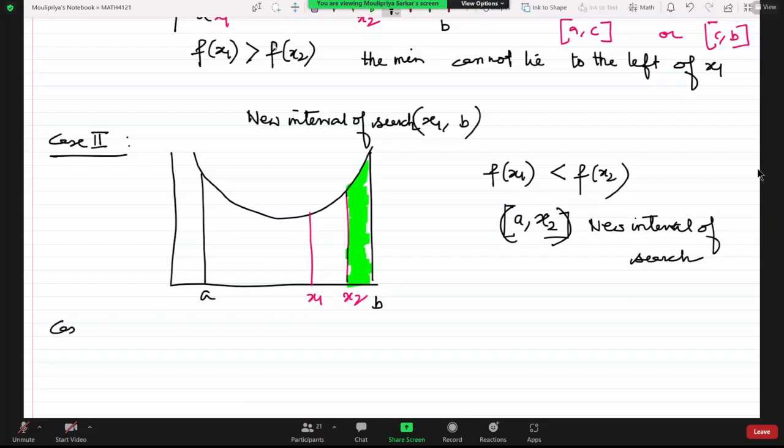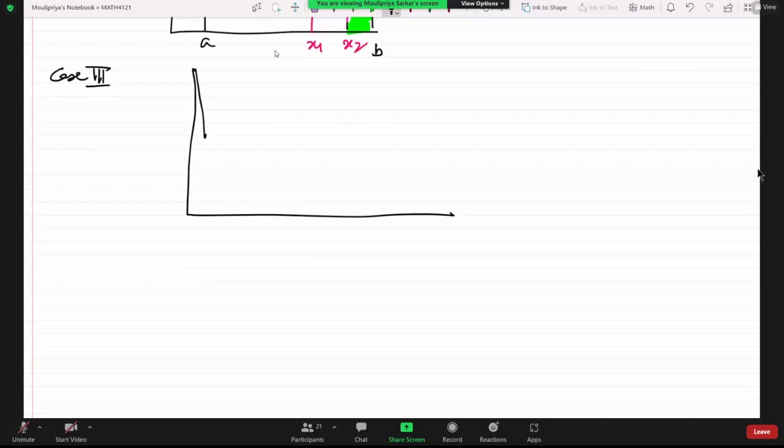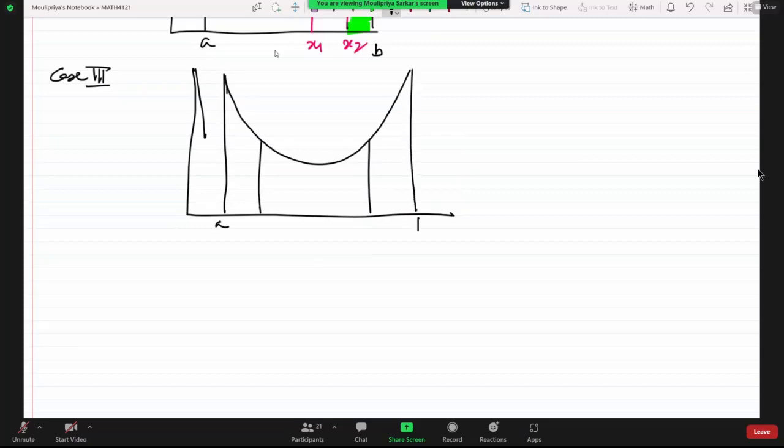And the third case, which is almost understandable as to what's going to happen. Here, what we can assume is, this is my A, this is my B, and if it so happens that x1 and x2 are such situated that f of x1 becomes equal to f of x2, then can you tell me, this being a unimodal function, which region can be eliminated?